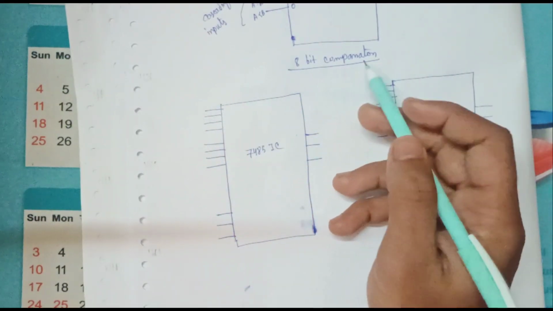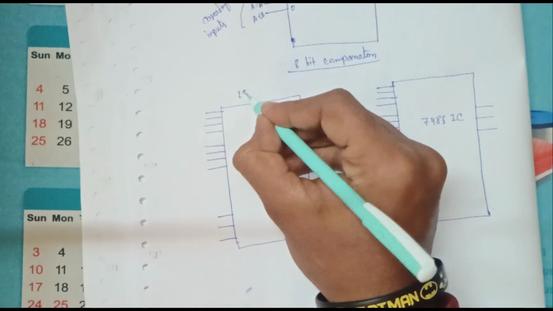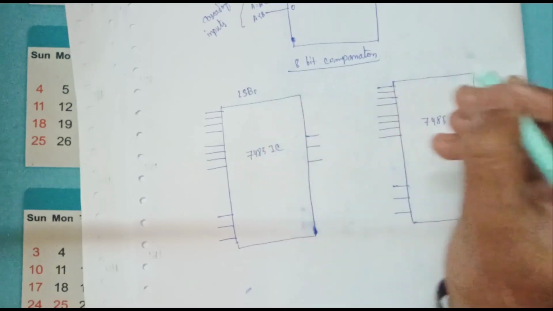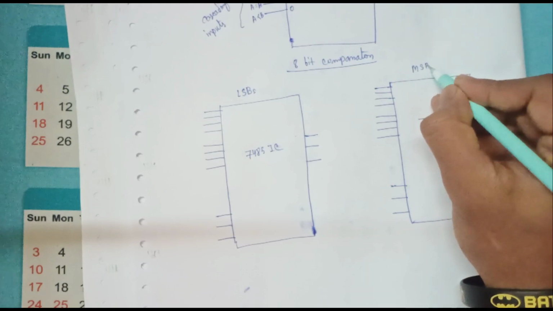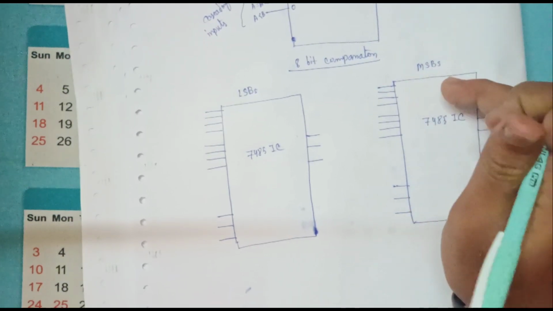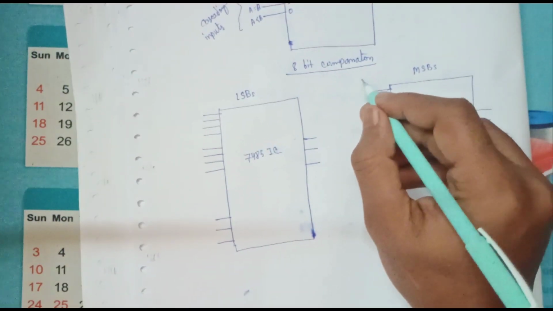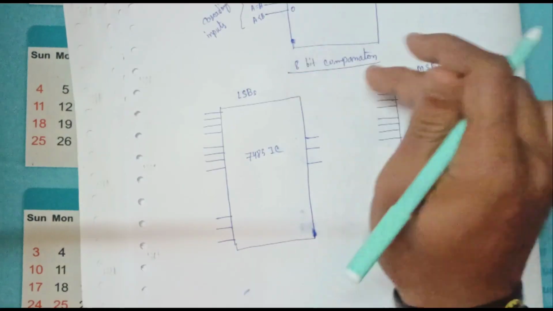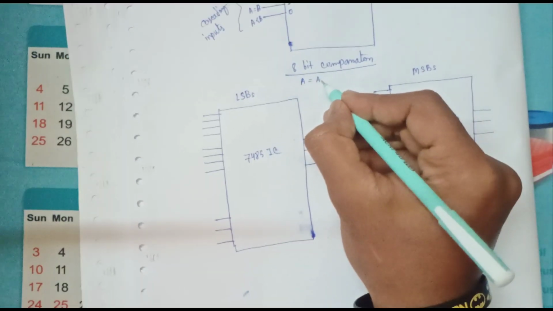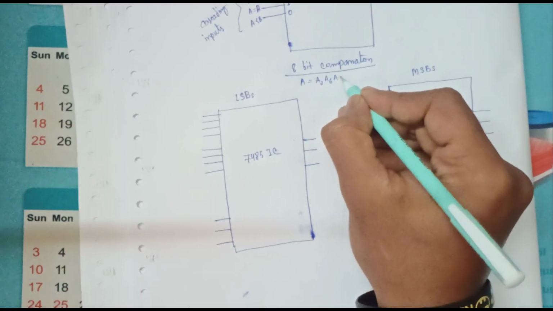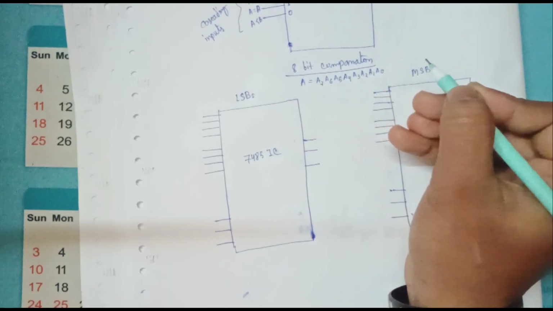So for an 8-bit comparator, the first IC will calculate the LSBs, least significant bits, and the second IC will check the MSBs, most significant bits. If there is an 8-bit number, for A it will be A7, A6, A5, A4, A3, A2, A1 and A0.